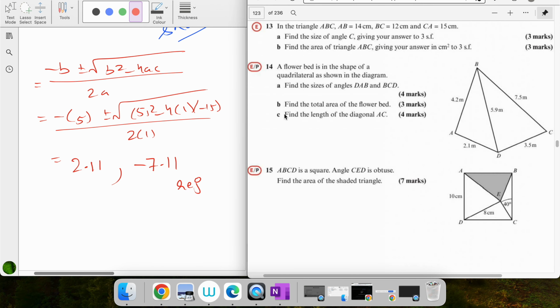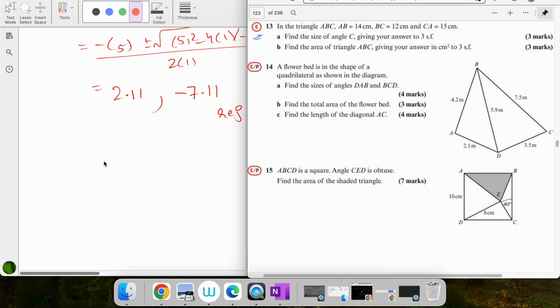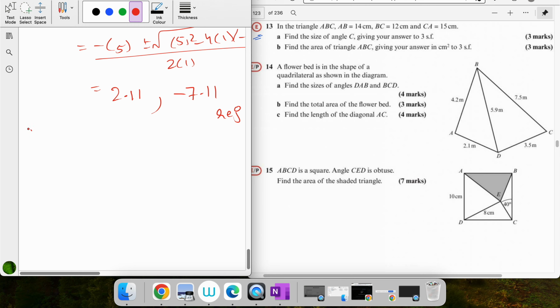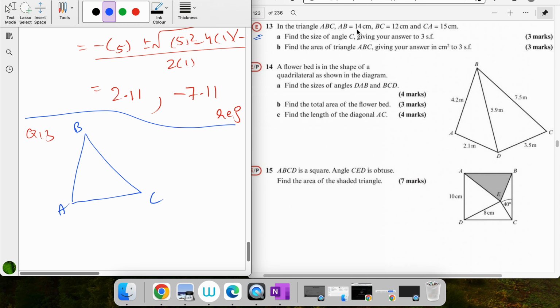Question number 13. In the triangle ABC, question 13, A, B, C. AB is equal to 14 centimeters, BC is 12, CA is 15.